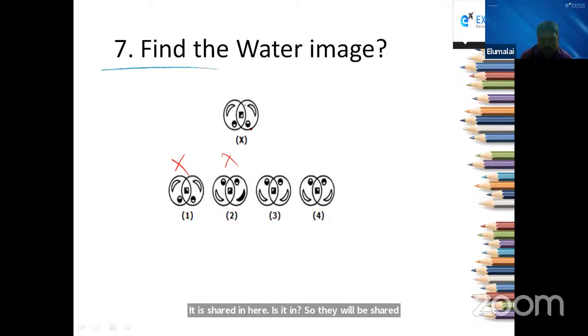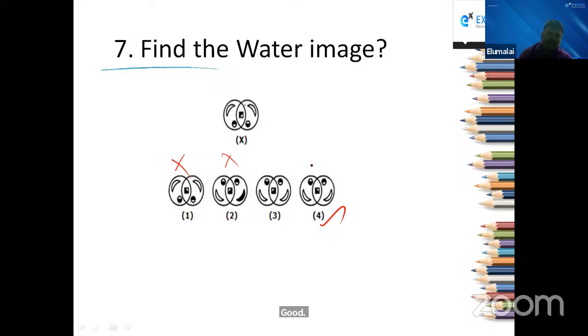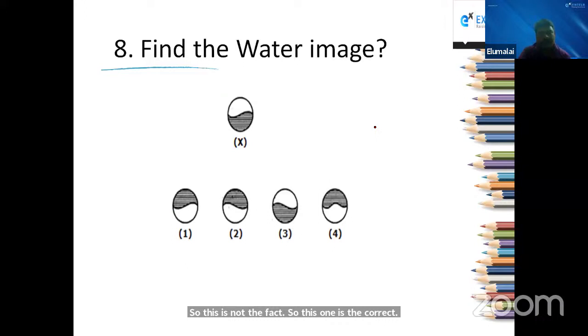This one, right? It is not inverted here. So option 4 is the correct answer. I hope you can understand this. Good. So this is not the correct answer. This one is the correct. This is very easy for you. You could have answered the question in some seconds.